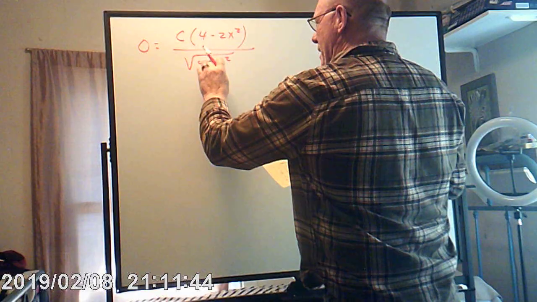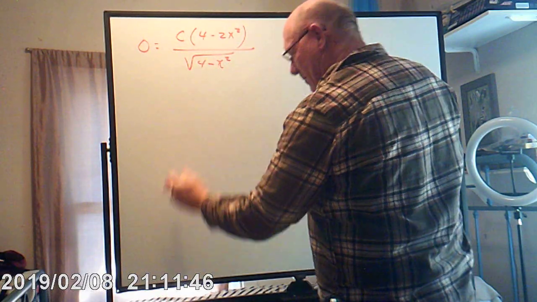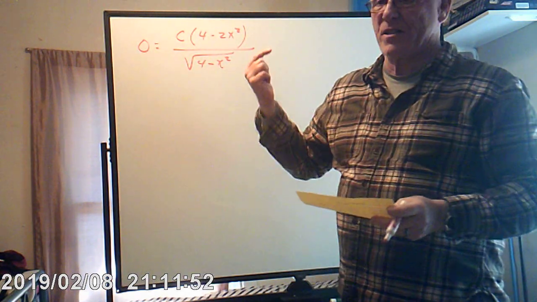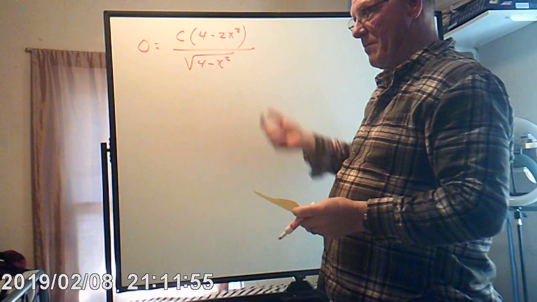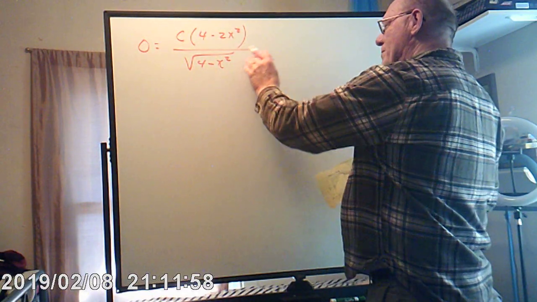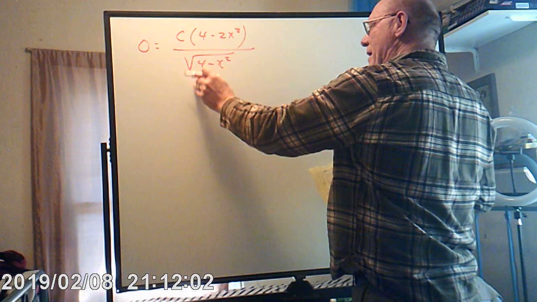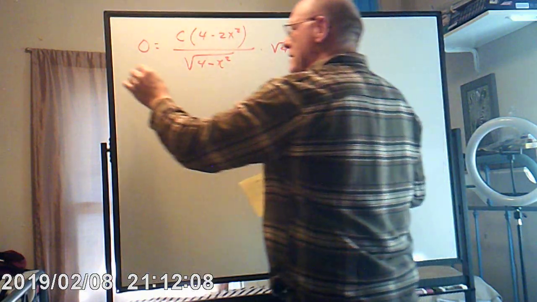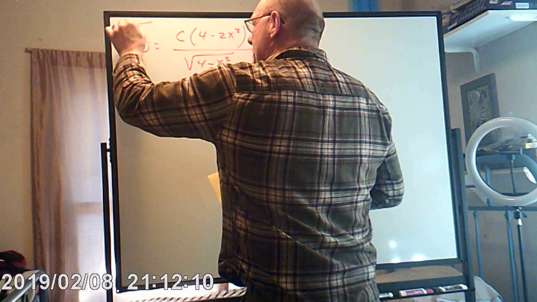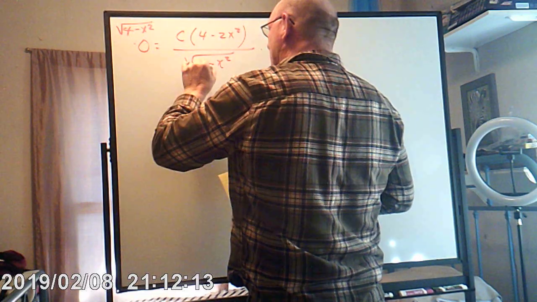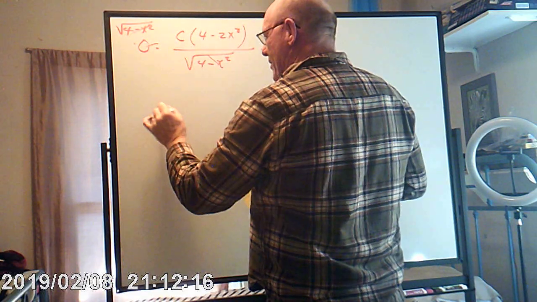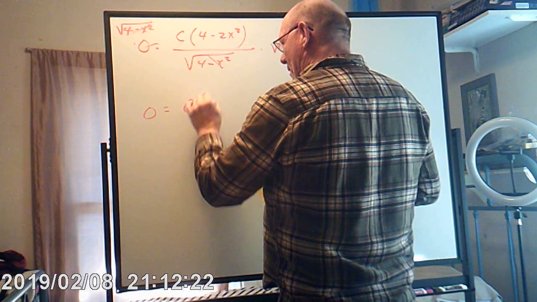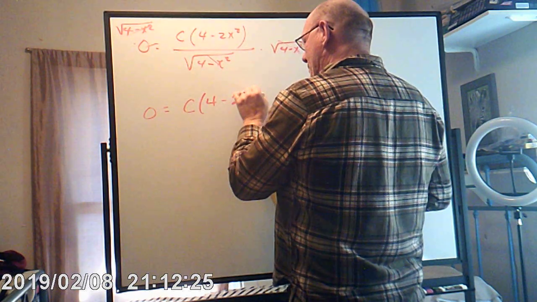Now we have to assume that since this graph is in quad 1, this denominator is not 0, because if it were, then we would be in trouble. So we can multiply both sides by the square root of 4 minus x squared, and we're down to just 0 is equal to c times 4 minus 2x squared.